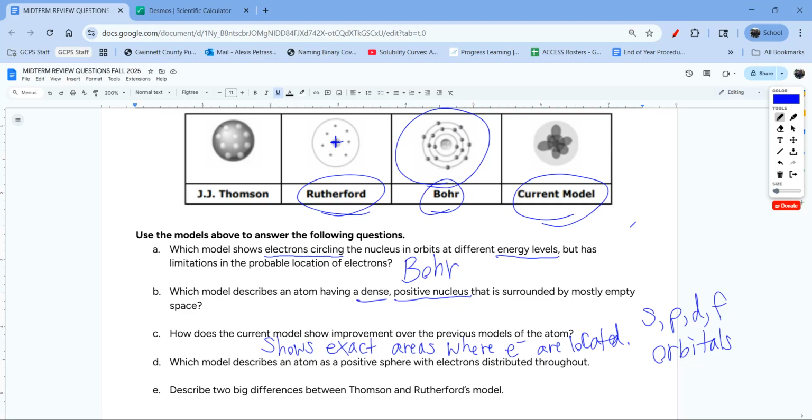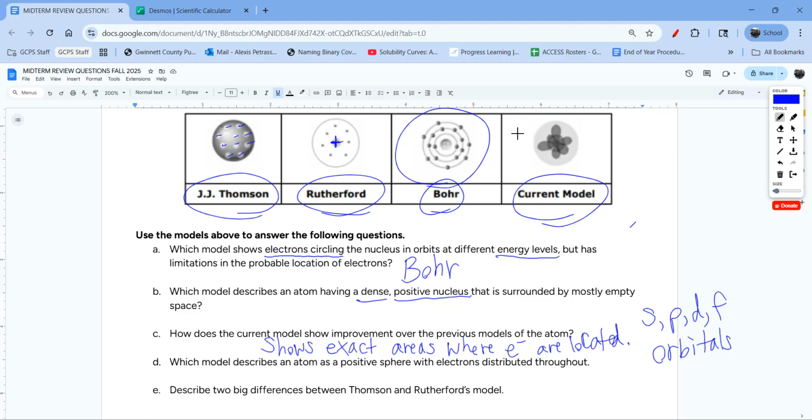D, which model describes an atom as a positive sphere with electrons distributed throughout? So there's only one that shows electrons throughout the whole atom. And that could be like these little things. Like throughout, like in multiple places. So that's J.J. Thomson. He described 2 big differences between Thomson and Rutherford's model.